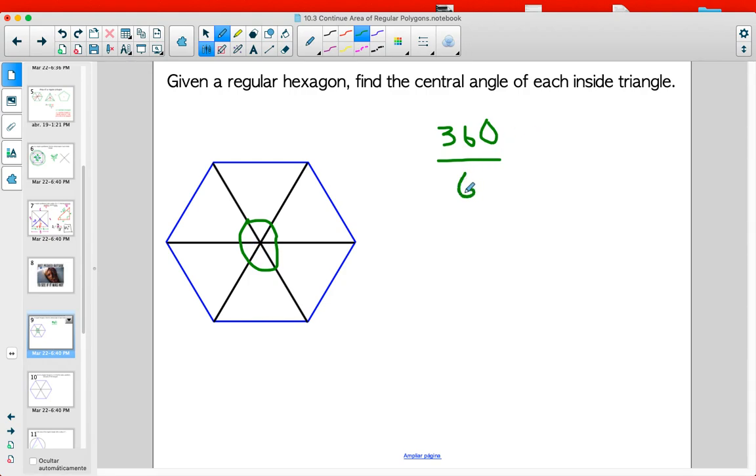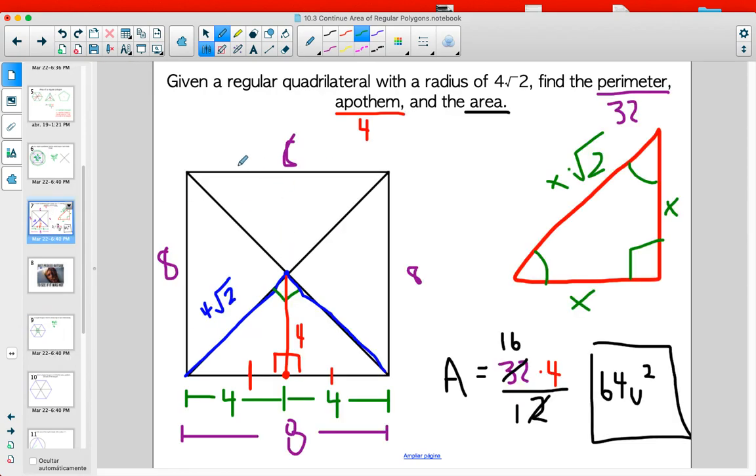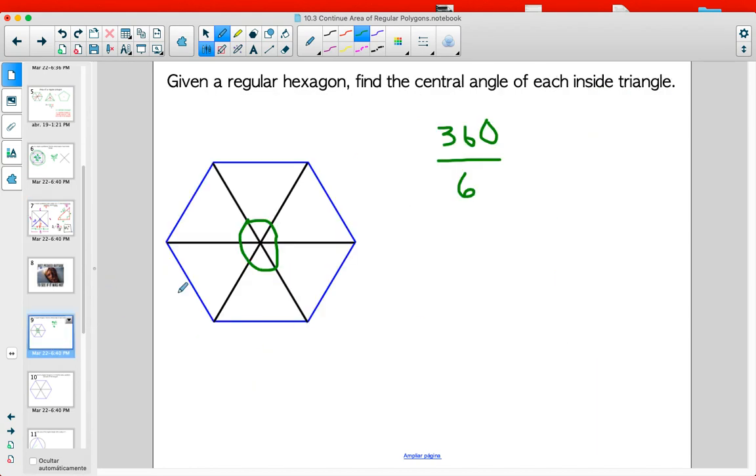It's always divided by the number of sides of the polygon. So last time it was divided by 4 because there's 4 sides, and that's how we got 90 for each one. So the measure of each one is going to be 60 degrees. So this is a 60-degree angle. 60 plus 60 plus 60 plus 60 plus 60 plus 60. Okay, we're going to use this for the next question.